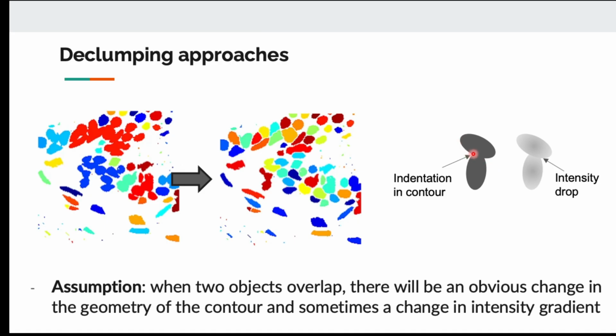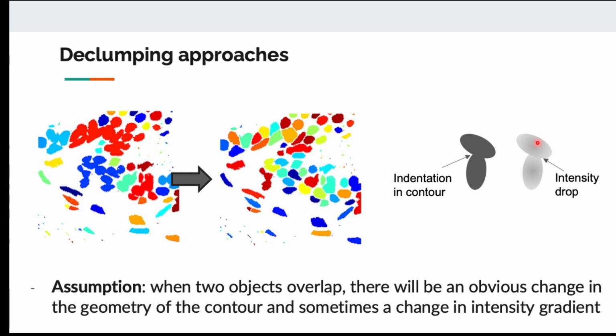First, there will be some indentation in the contour. The contour of an oval is smooth and has one convex pattern. But if you have a change in convexity, an indentation, that's an indication that you have more than one object.